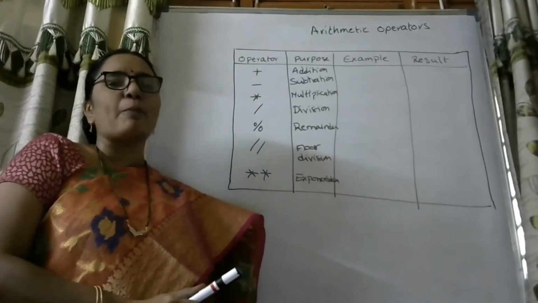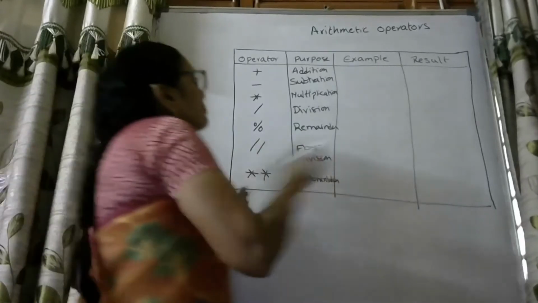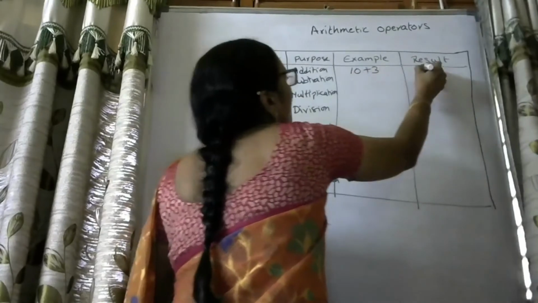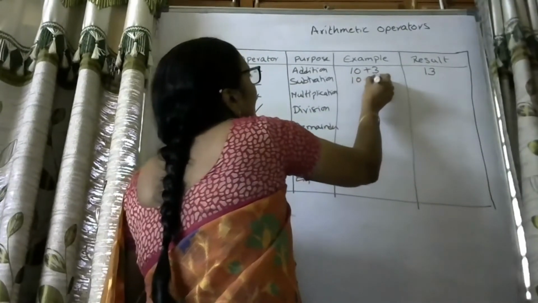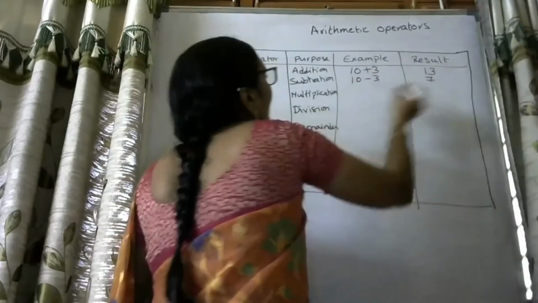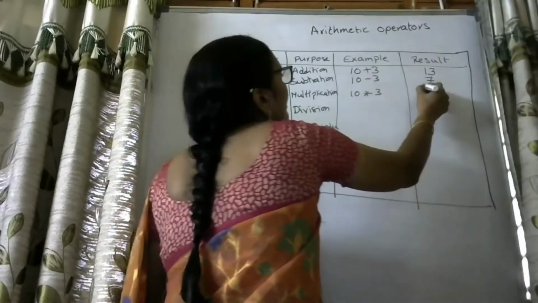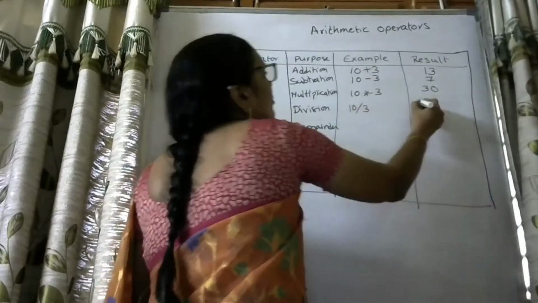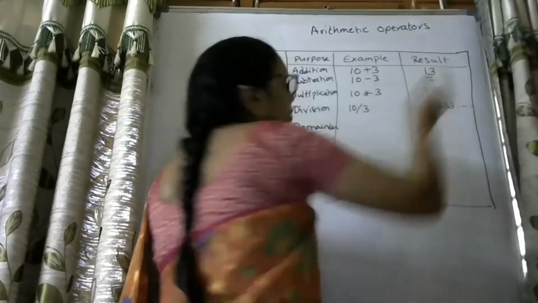Let me take a simple example and tell you what will be the result of that expression. 10 plus 3, which is nothing but your 13. Subtraction. 10 minus 3, which is nothing but your 7. 10 into 3, which is nothing but 30. 10 divided by 3, which is equal to 3.33333 dot dot dot.